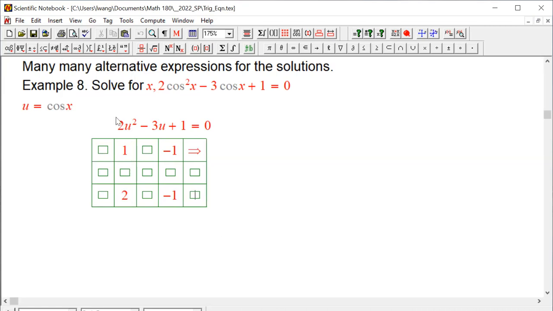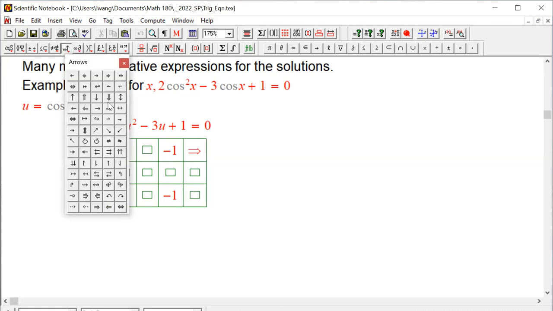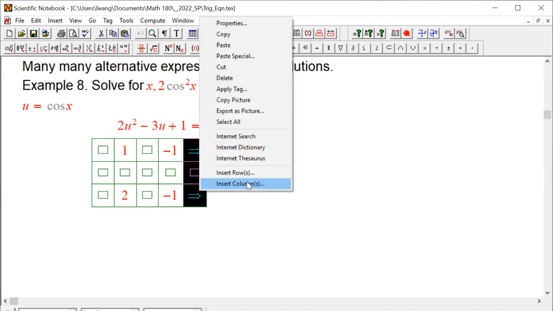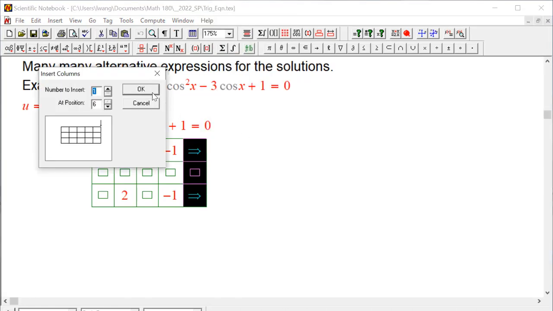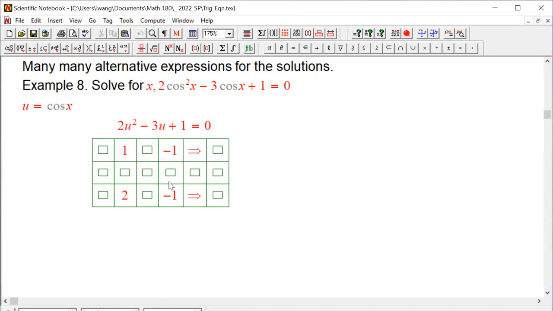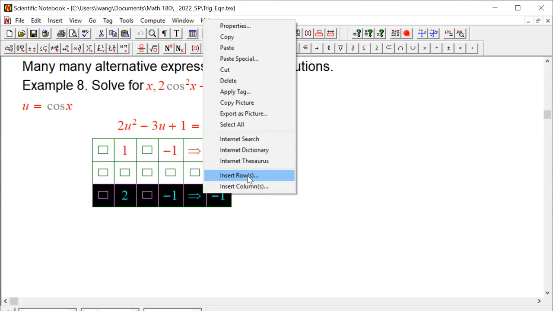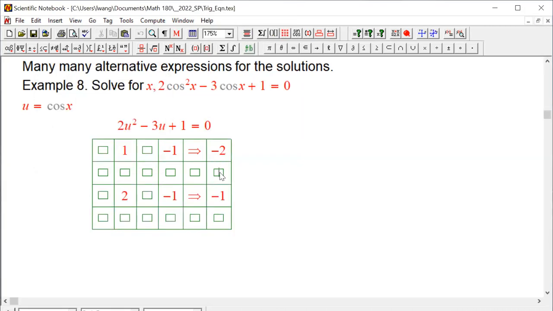You should be pretty familiar with this form. If you don't, you have other forms that you are more familiar with, feel free to use them. I'm not going to restrict you to my way or other people's way. So -2, 1 times -1 is -1, and the sum, we're going to add these two numbers. That's -3. That makes the perfect match.